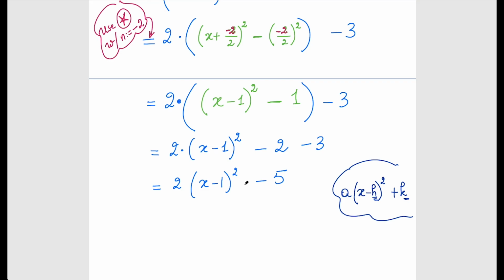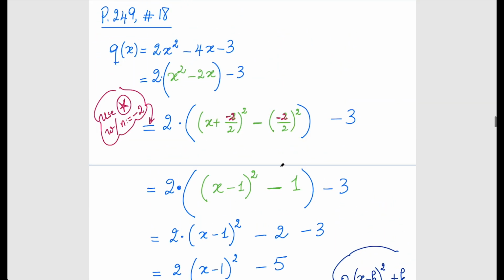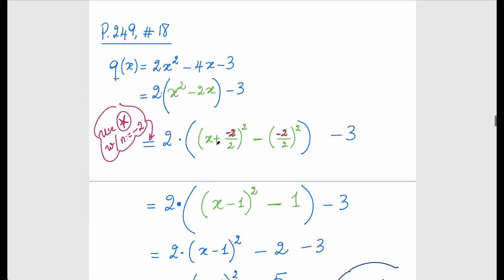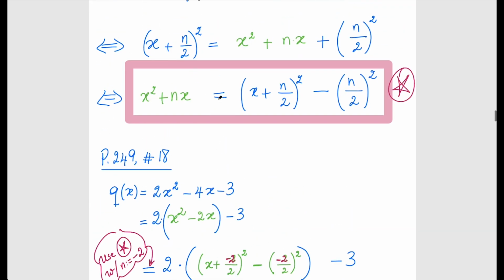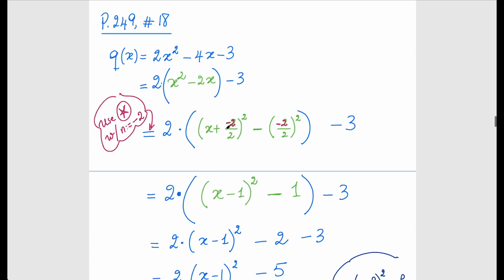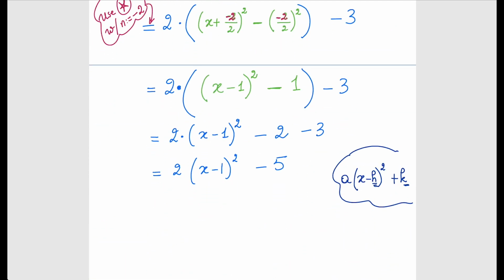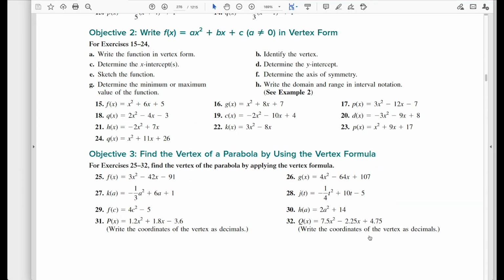Okay, so that's how we transitioned. What was the key idea? Is to complete the square. And how do we complete the square? I used the property star that I just developed right above that. Okay. All right, so this completes part A of this problem. So this is done. Correct?